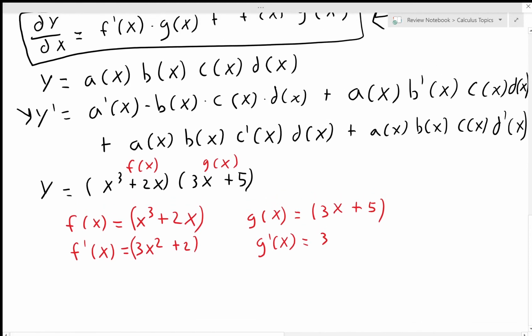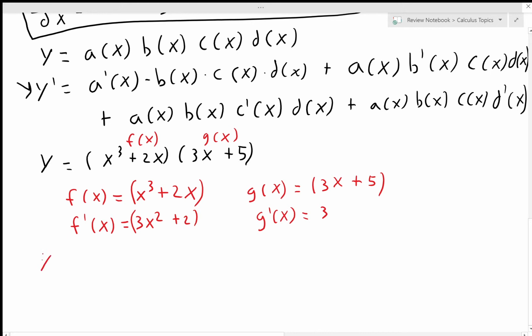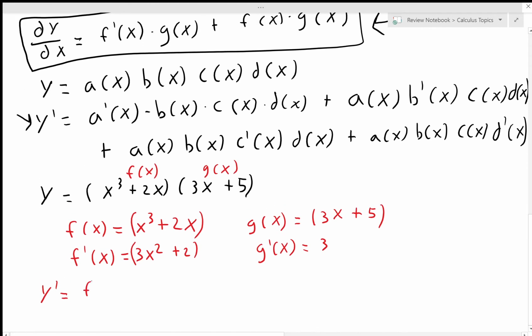And then what I like to do, so when I first started, maybe you don't want to mess up, I'll write down that y prime would be this, what I had right here, f prime of x times g of x plus f of x times g prime of x.